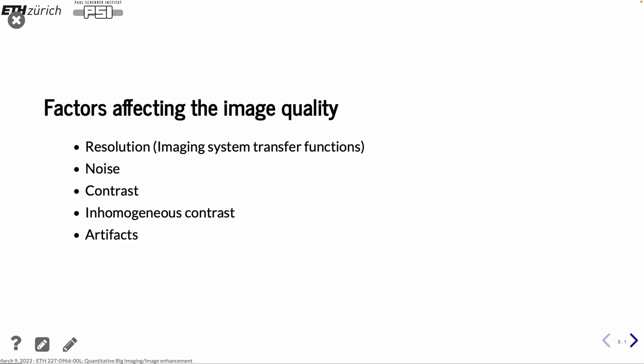Another thing is that you could also even have inhomogeneous contrast, which means, depending on your imaging system, if it's corrected or not corrected, you can have one region which is brighter and one region which is darker. And on top of that, we have all the artifacts.